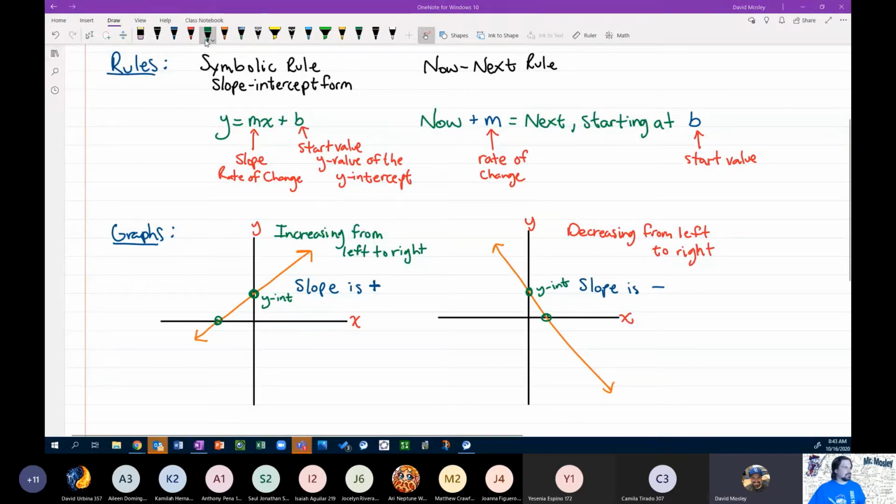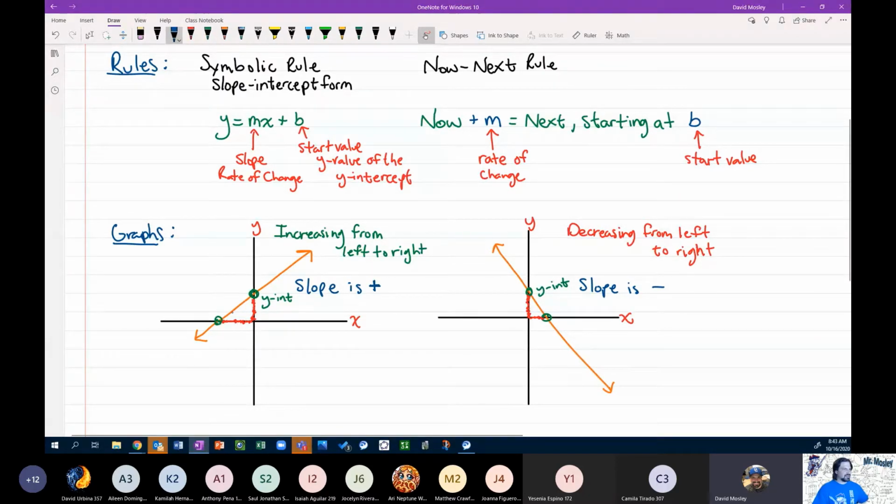And again, we can see our rate of change on a graph by looking at what we change in x and what we change in y to get from one point to the next going left to right. We have a change in x and a change in y.